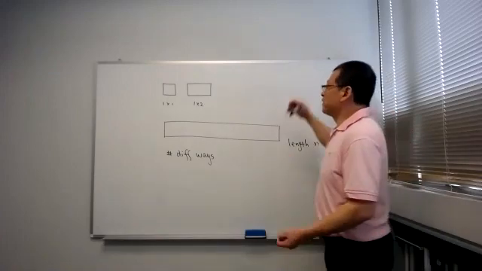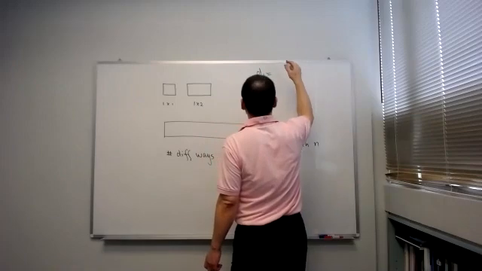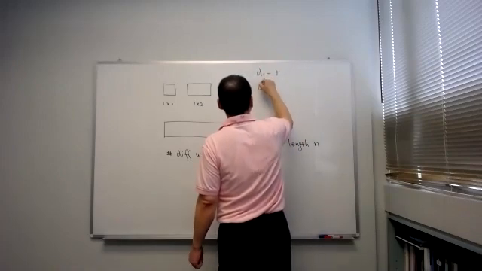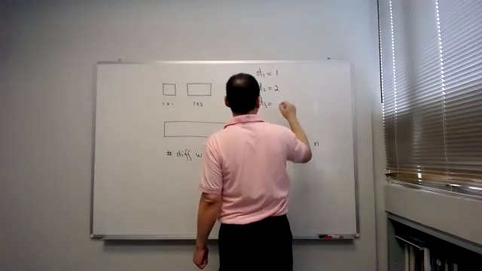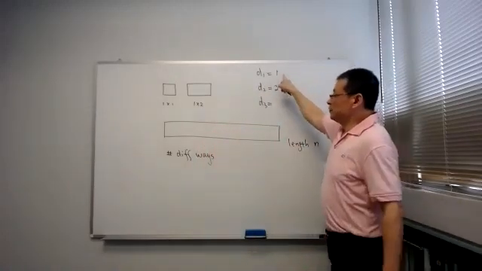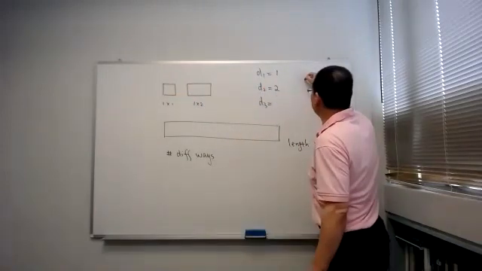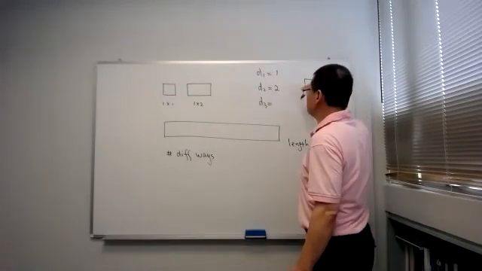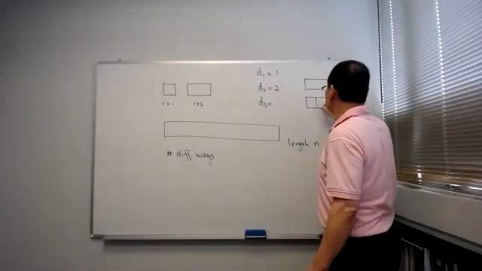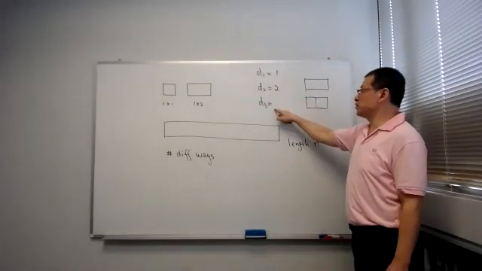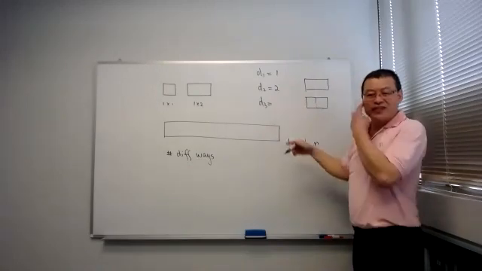Of course, if the length is just one, there is only one way. If the length is two, there are two different ways: I can either just use this tile or use the first tile twice. So what is the number of different ways for three?